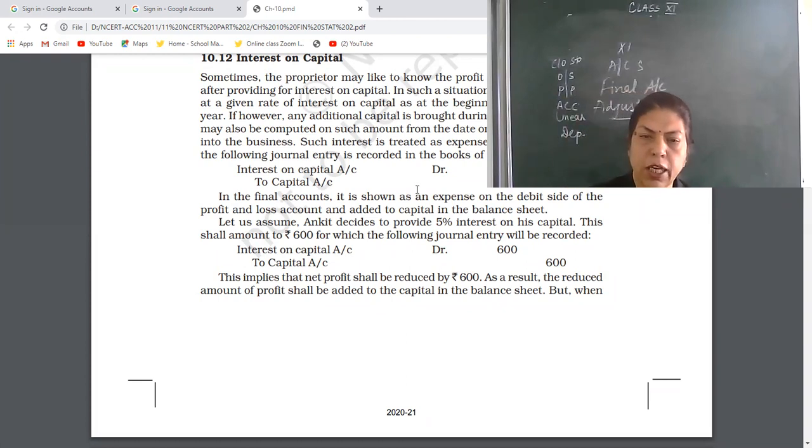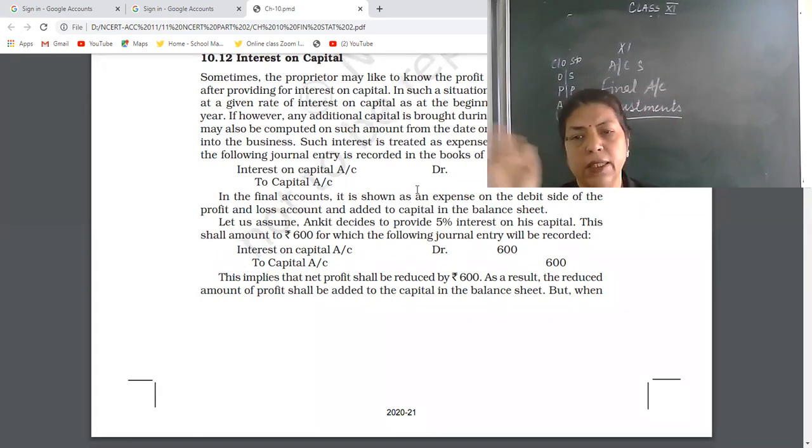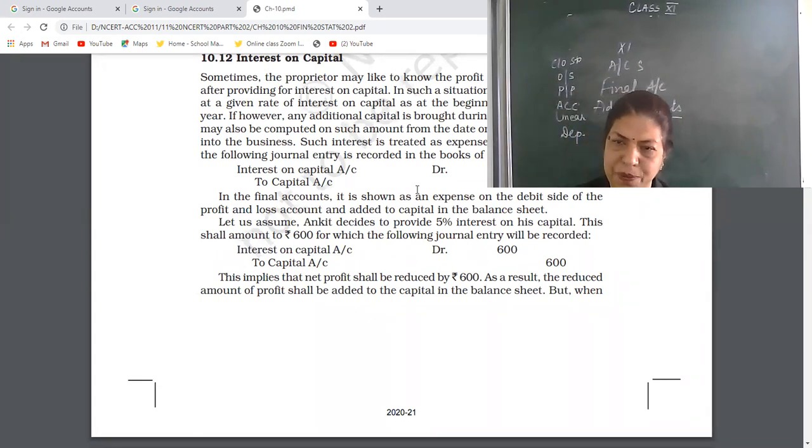See, interest on capital to be shown on the debit side of the P&L account, while interest on drawings will be shown at the credit side of P&L account. Another change: interest on capital to be added to the capital, and interest on drawings to be added to drawings. Very good. So today we completed adjustments.